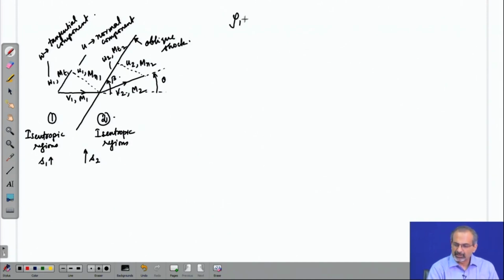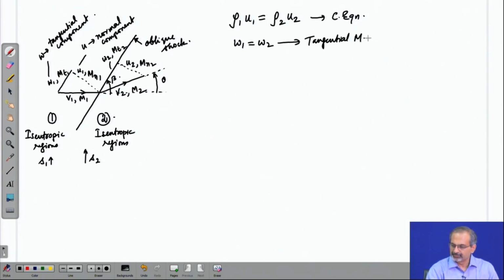Further, we may recall that if we apply the conservation equations to a small control volume that we draw, keeping the shock within the control volume, then we should be able to work out the continuity equation, and the tangential momentum equation yields the condition that there is no jump in the tangential velocity.